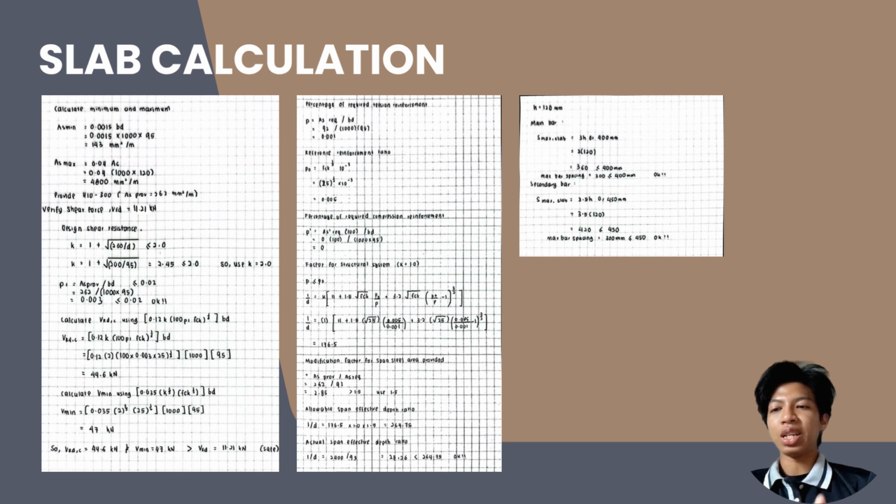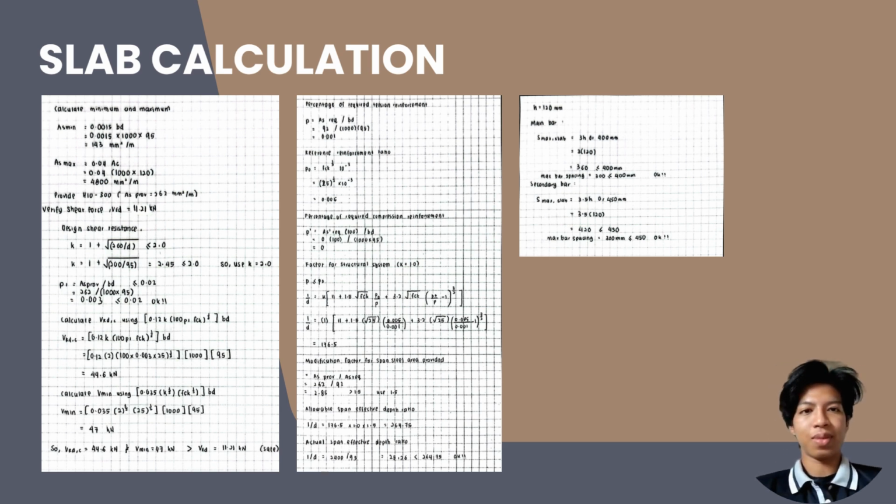So the VRD that we got is 4.6 kilonewton. Then we need to calculate the Vmin using 0.035 K to the power of 3 per 2 FCK to the power of 1 per 2 BD. The Vmin that we got is 47, so we use VED equal to 11.21 kilonewton.